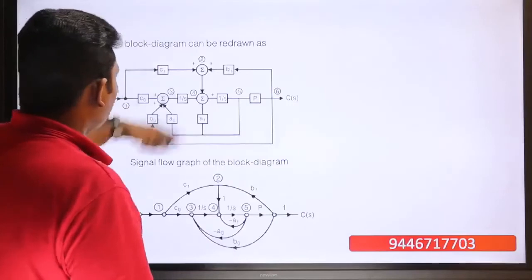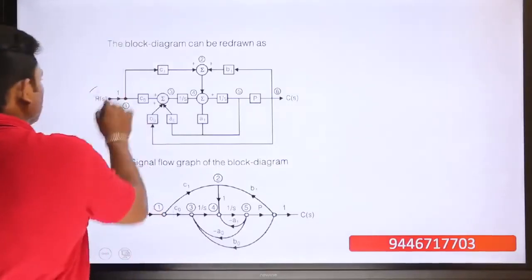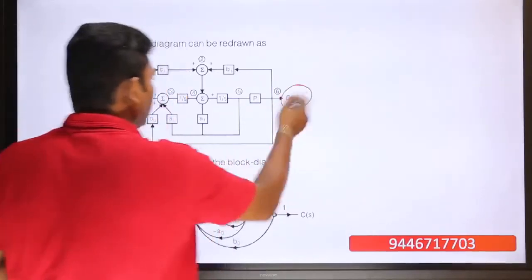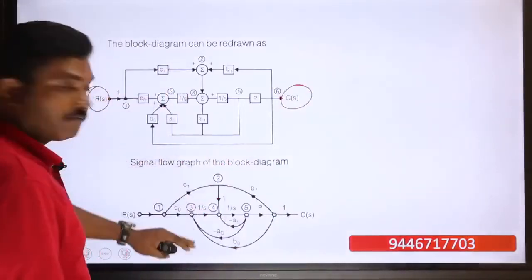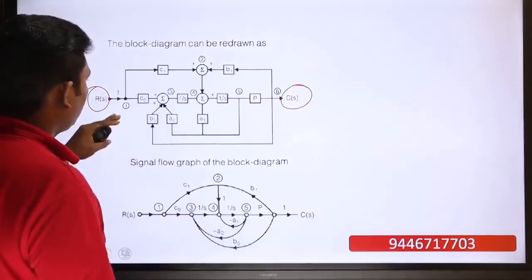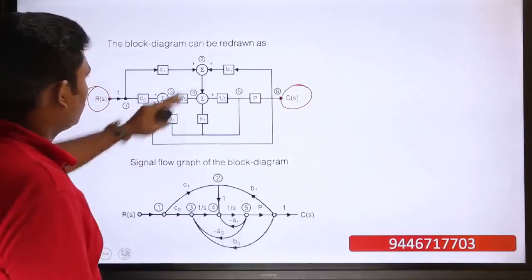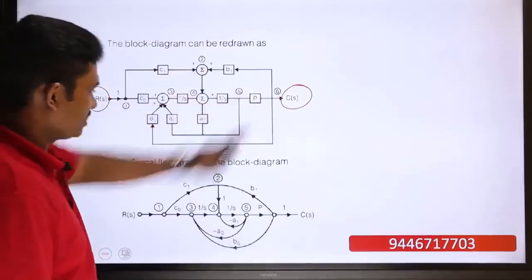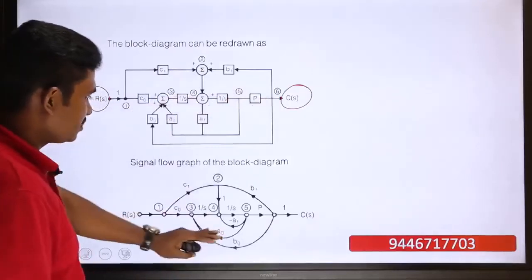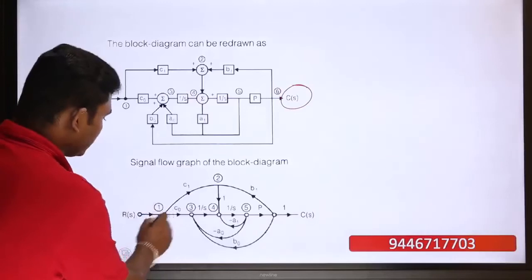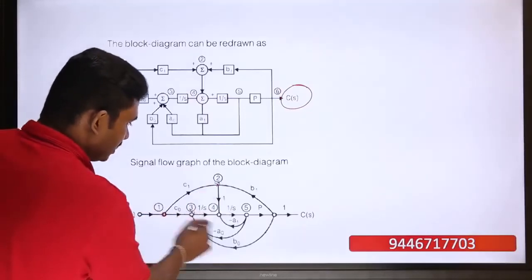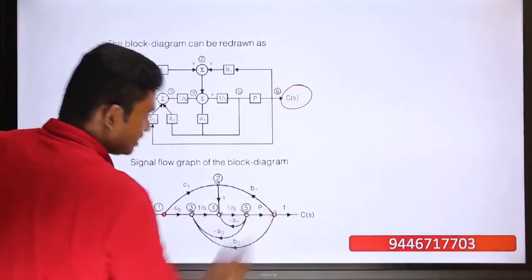So converting this block diagram into this form with R of S on the left side and C of S or Y of S on the right side, we are converting this into its signal flow graph. For that we are inserting the nodes 1, 2, 3, 4, 5 and 6, and keeping the nodes as such, we are going to redraw this diagram. So we are reinserting the nodes: 1, 2, 3 is there, 4 is there, 5 is there and 6 is there.